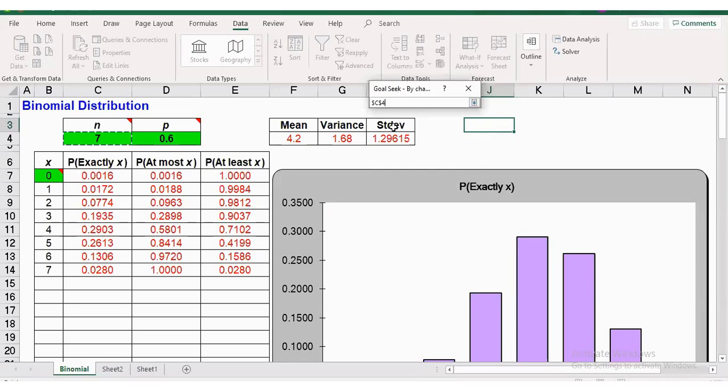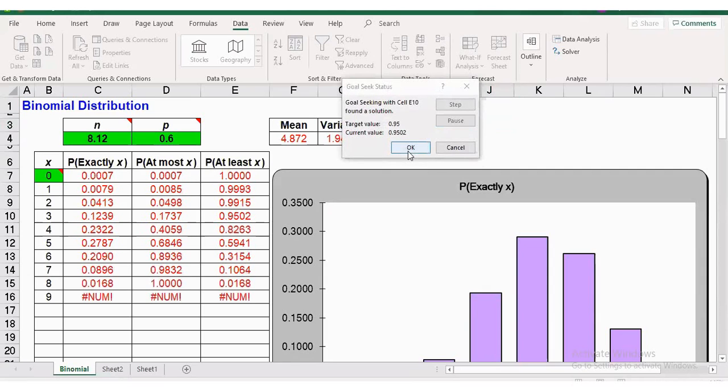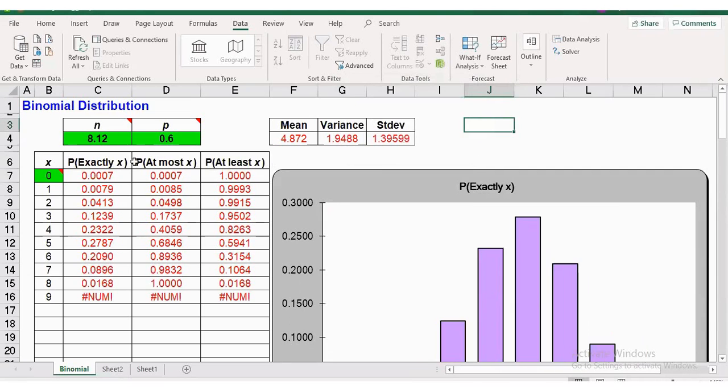By changing what? This one? How many boards do I need to keep? If I want to be 95% confident, I need to produce how many boards at least? 8. You guys understood now? Online guys, you are able to appreciate how I can solve the problem. So this is a manufacturing problem.